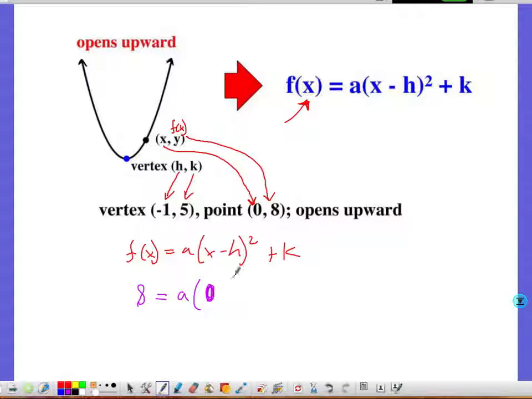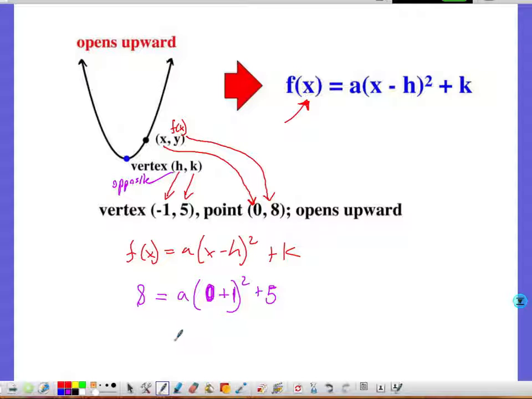So the opposite of -1 is going to be +1. So always keep in mind, h is always the opposite. Okay, we square it and then plus k. k is going to be the same number that we see there, 5.